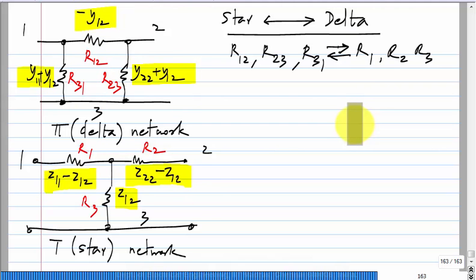Please do this. Is the question clear? I denote these resistances by R12, R31 and R23, and these by R1, R2, R3. What I want is for these two networks to be identical. What should be R1 in terms of these three resistors, R2 in terms of those three resistors, and R3 in terms of those three resistors, and so on. Please do that. You can do it any way you want, but using the already known inverse relationship between Y and Z parameters, you will easily be able to do that.